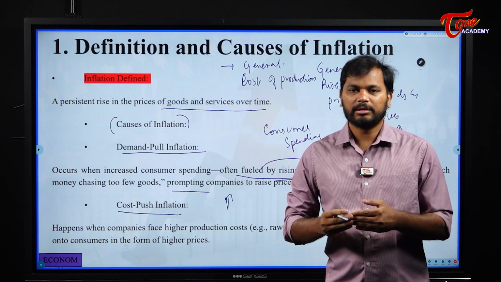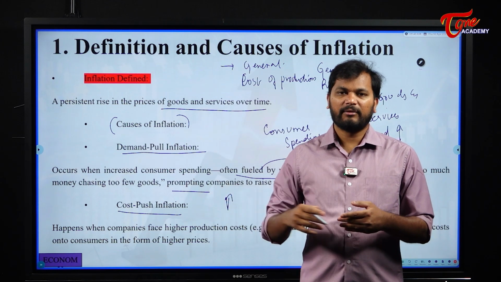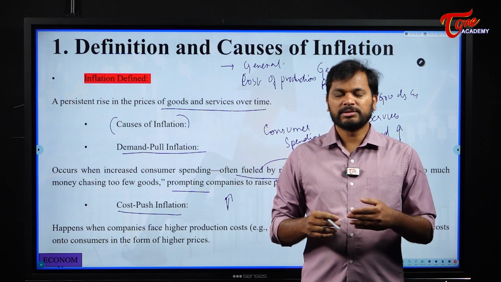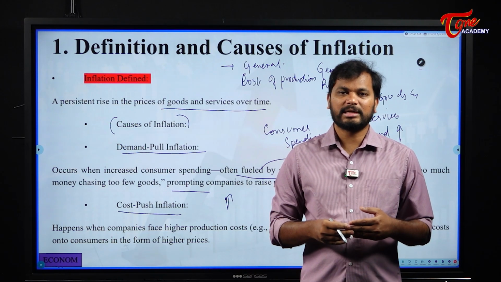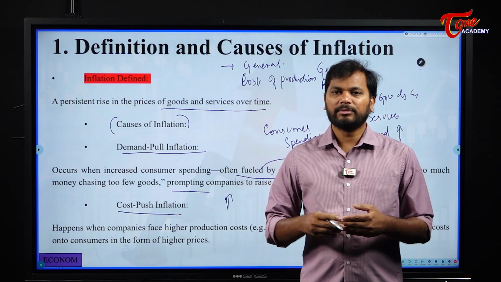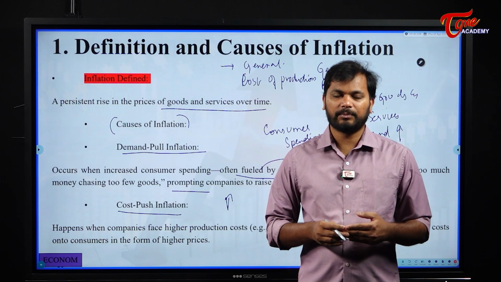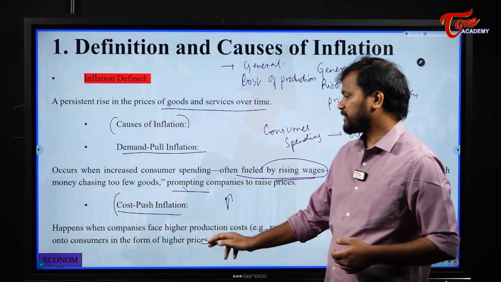For example, the prices of the raw materials have increased. Now that will be reflected in the final prices of the good. Okay. So if the tariffs have been increased with respect to the raw materials that we are importing from other countries, even at that time the price of the final product will change. That is what is called cost push inflation.